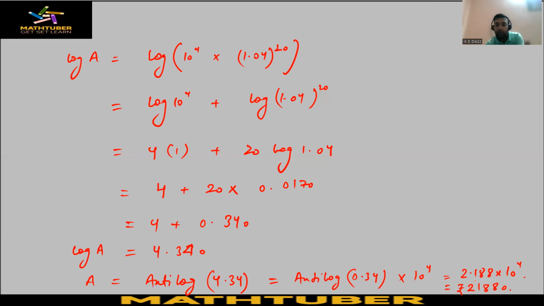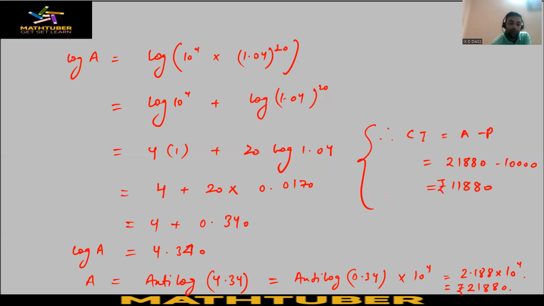And if you want to find out the compound interest, the formula is amount minus principal, which is 21880 minus 10,000. So it will be 11,880 rupees. And this is the compound interest for the given question, right?